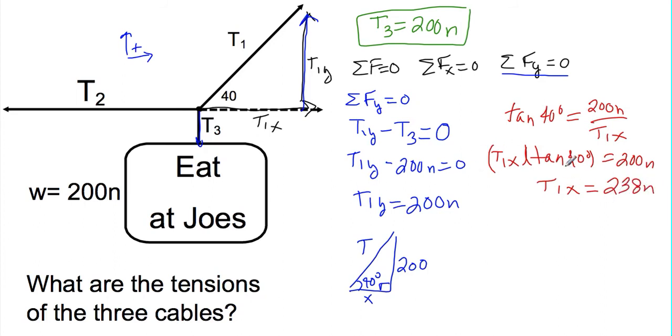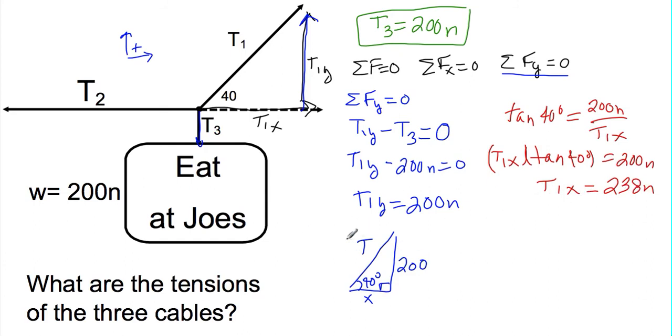Now that should make sense, that this is more than the weight of the sign. That's because we have these different cables pulling against each other, and some of their force is not used to lift the sign up. It's to counterbalance it. So this is an okay value right here.